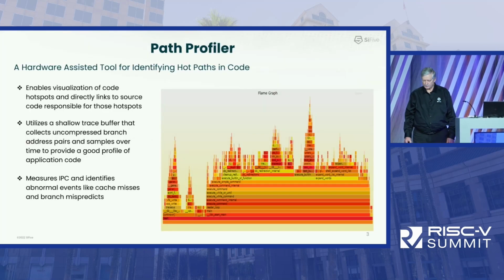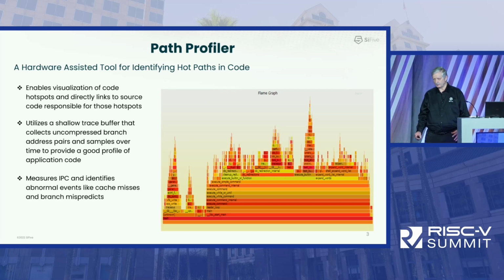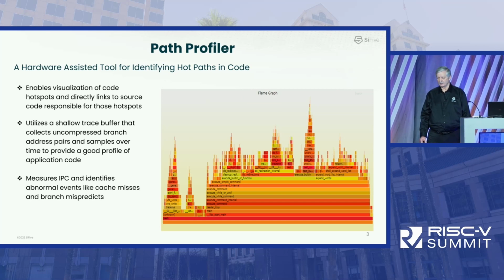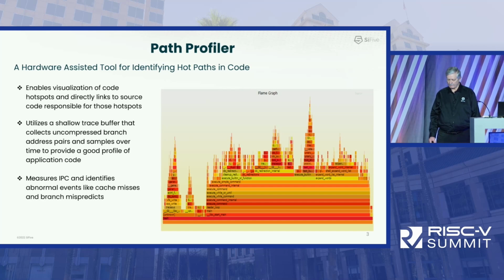So PathProfiler is a hardware-assisted tool for identifying hot paths in code. It utilizes a shallow trace buffer to capture uncompressed branch address pairs, from and to, or source and destination pairs, and with software does sampling of this trace and accumulates information about hot paths in your program.